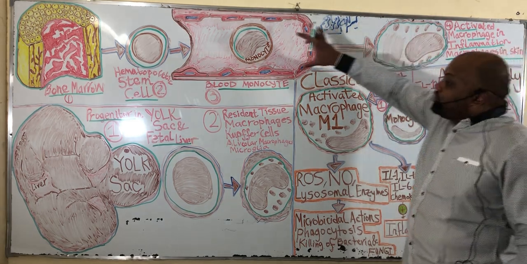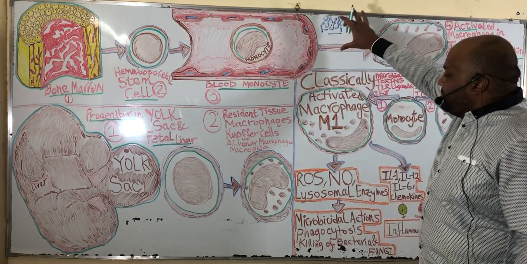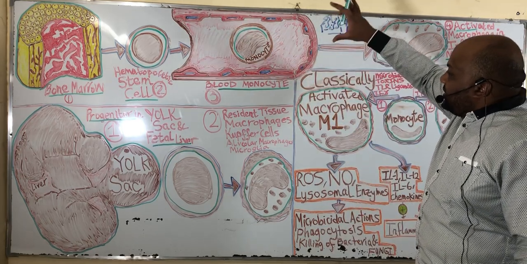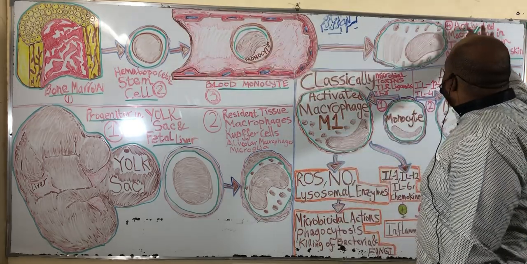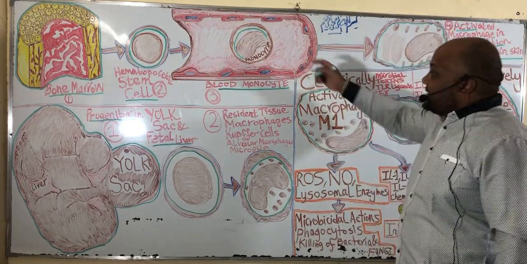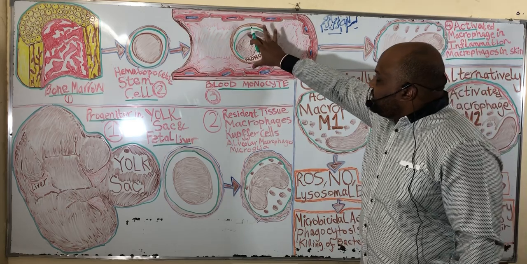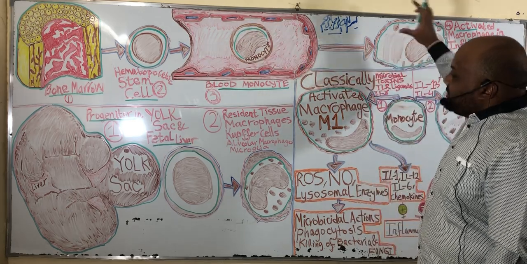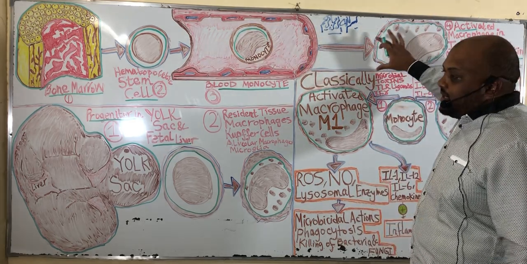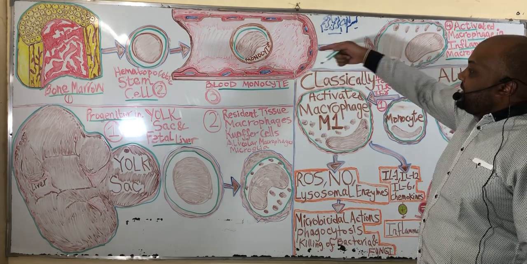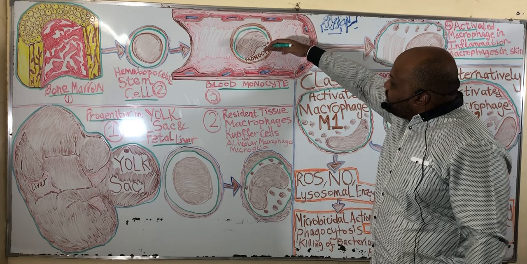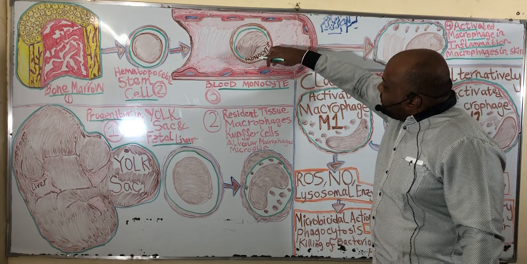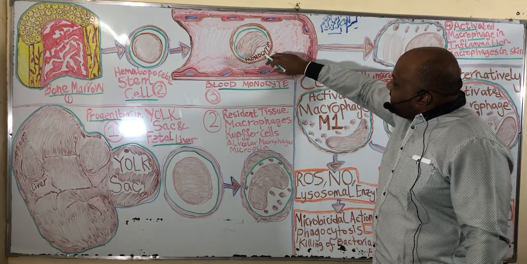So now you know where the source of the first form of macrophages is, these combating macrophages that circulate in the blood. They are undifferentiated. They become differentiated once the proper cytokines are released during inflammation that lead them to be activated, to lead them to be marginalized. They start to get closer to the site of inflammation.